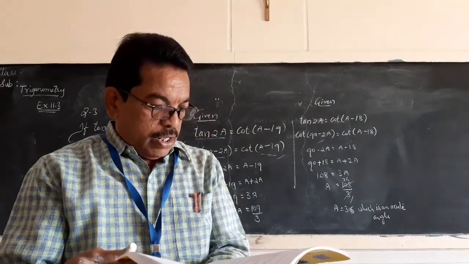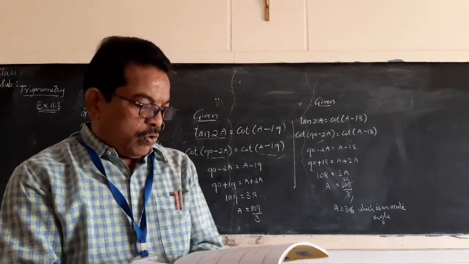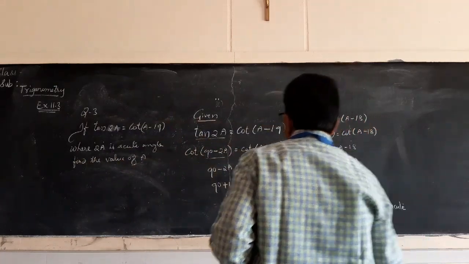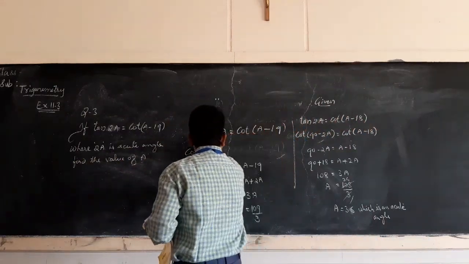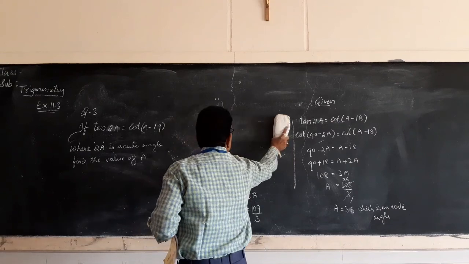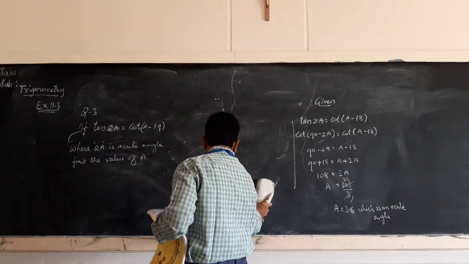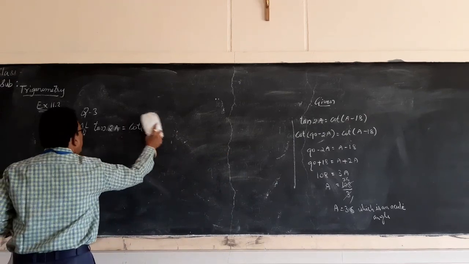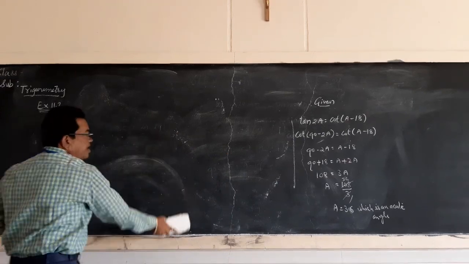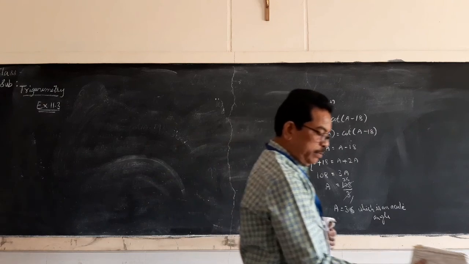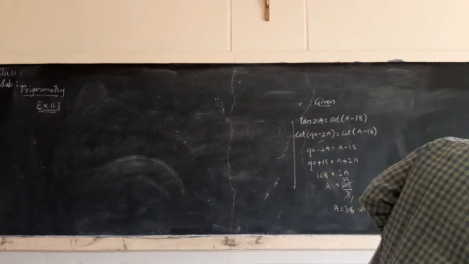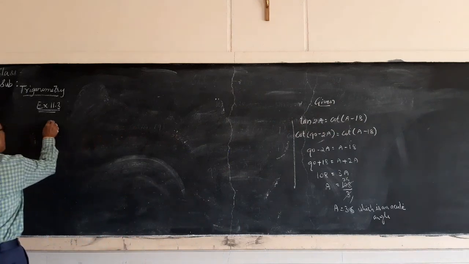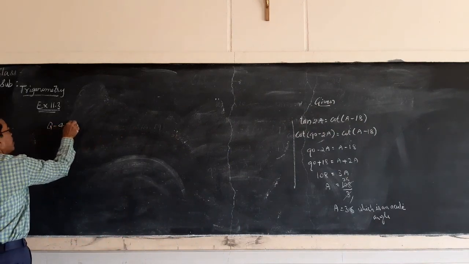Next one. If tan A equals cot B, prove that A plus B equals 90. Question number 4.